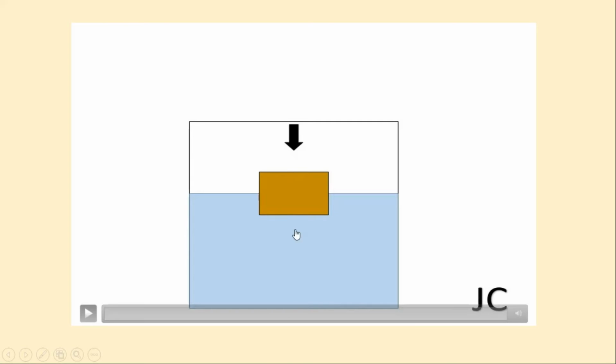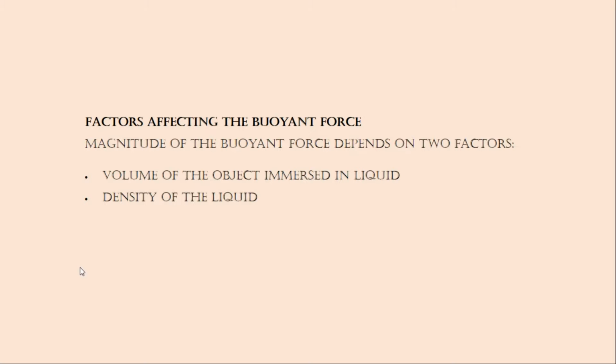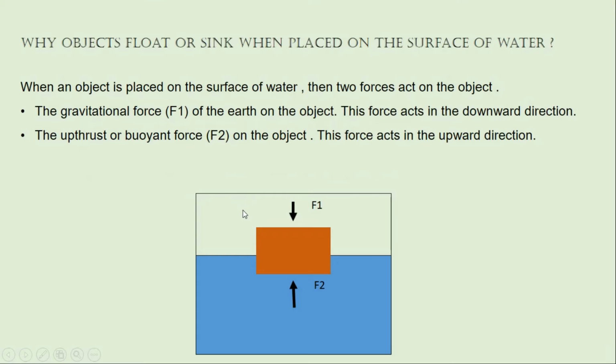So here we see how the fluid exerts an upward force on the object. When we try to push, the water is exerting an upward force. The buoyant force depends on two factors: first, the volume of the object immersed in the liquid, and second, the density of the liquid.